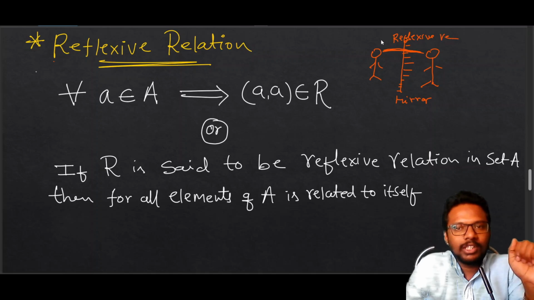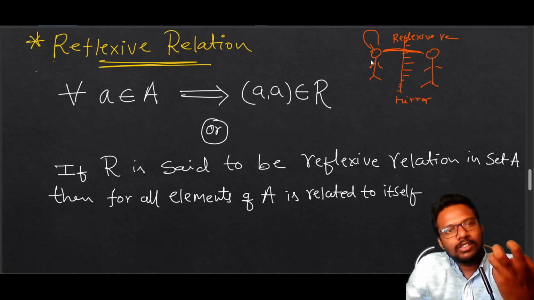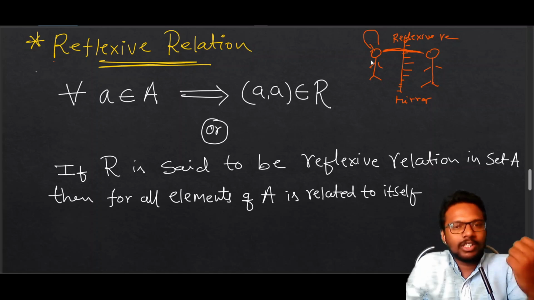A reflexive relation means a person creating a relationship with himself. If any relation happens to himself, then that relation is a reflexive relation, meaning it is reflecting to himself only.